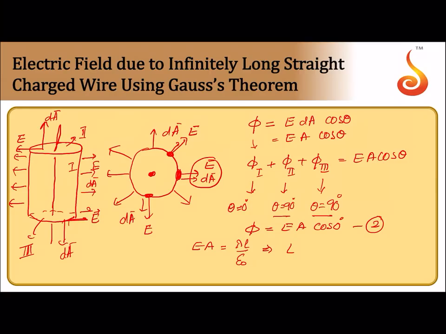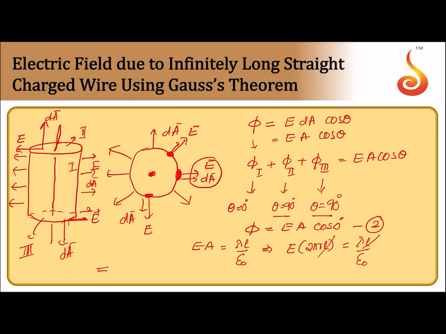From this we can write E into A. What is that A? A is the area of the curved surface. Is that not 2 pi r L? Yes. This is equal to lambda L divided by epsilon naught. So does this L and another L cancel here? Yes.